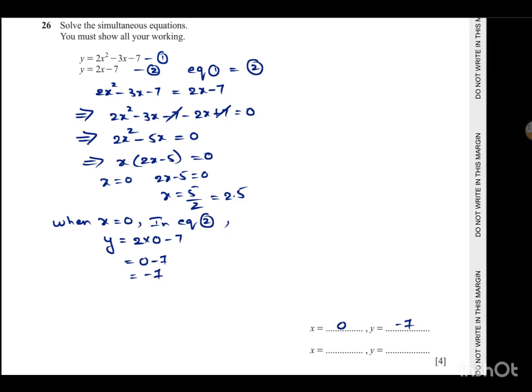Then next, when x is 2.5, in equation 2 again, y will be 2 into 2.5 minus 7. 2 into 2.5 is 5 minus 7, that is minus 2. So when x is equal to 2.5, y is minus 2.